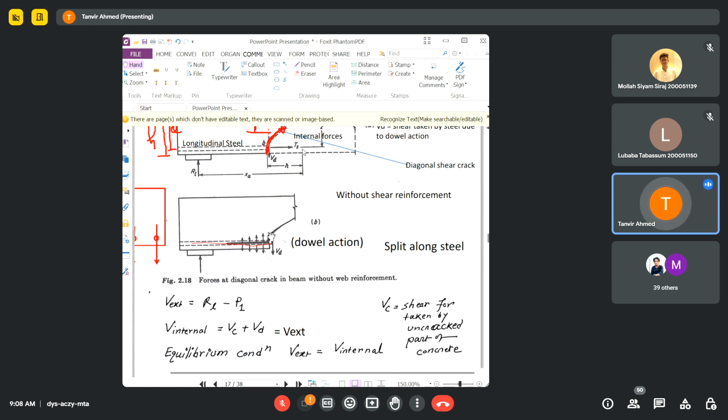And for this reason, the shear crack, when it reaches the longitudinal reinforcement, it will move parallel to the longitudinal reinforcement. Instead of going downward, it will move parallel to the longitudinal reinforcement. So this is the dowel action.